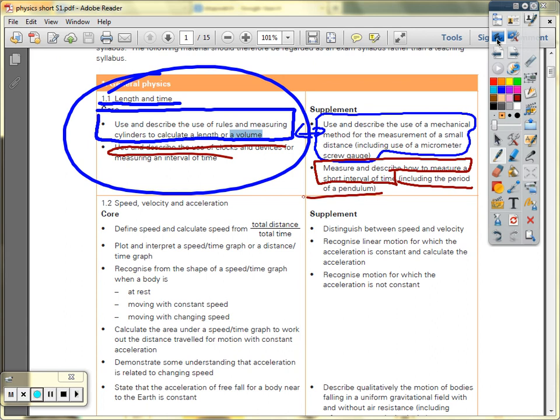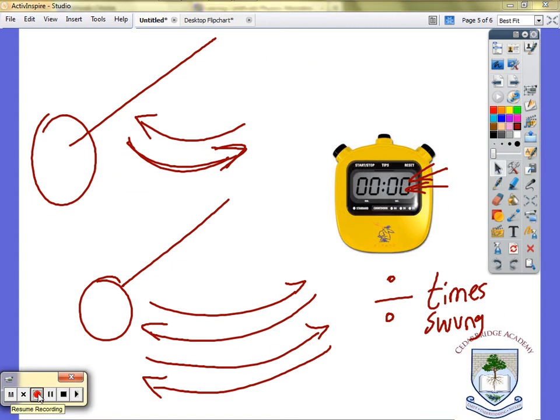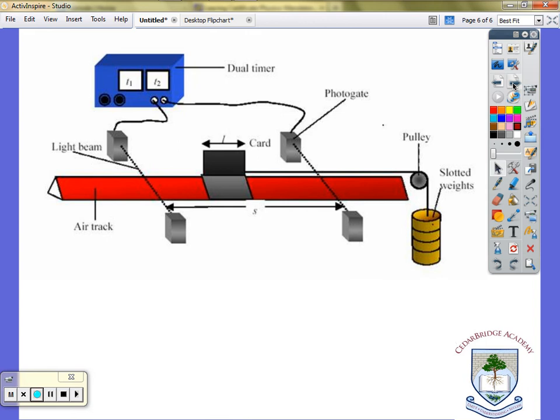Your other option for short times, because it's 2013, is the light gate. And what it is, it's 2 different, I guess you could call them lasers.